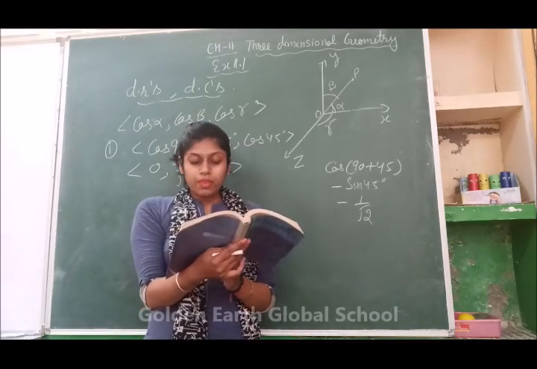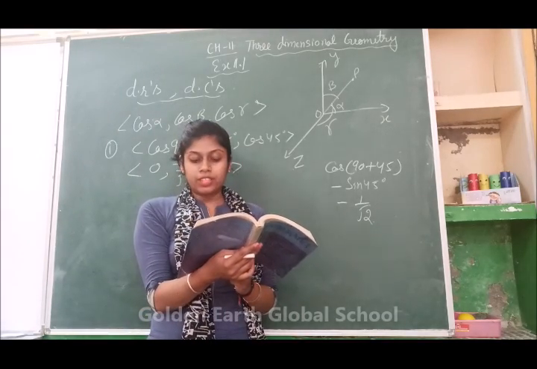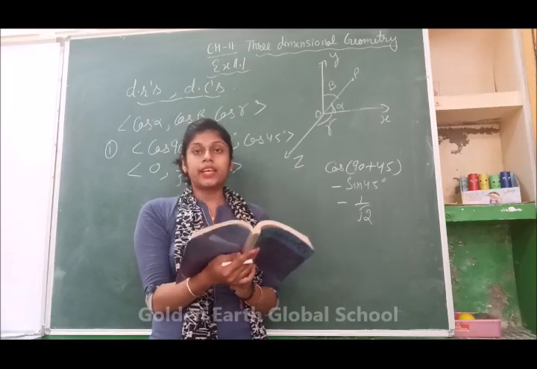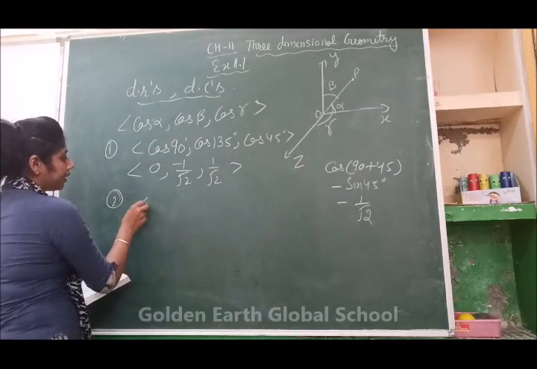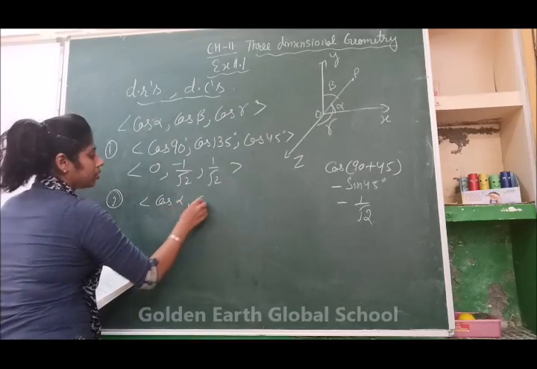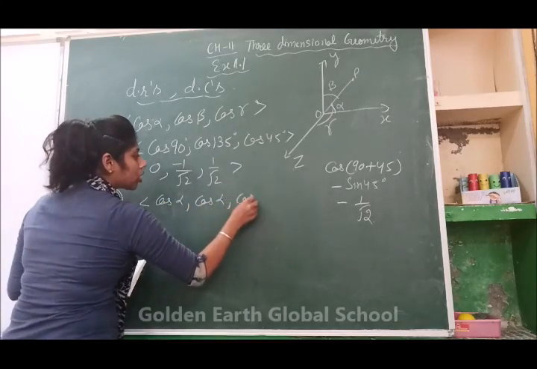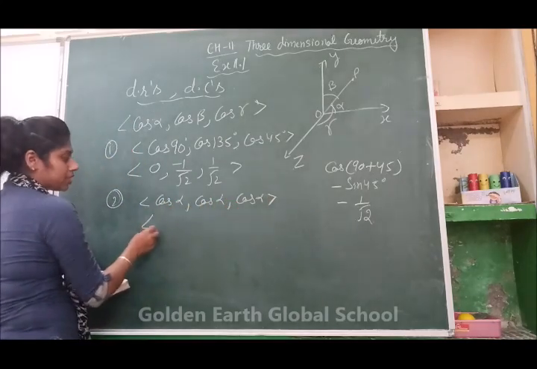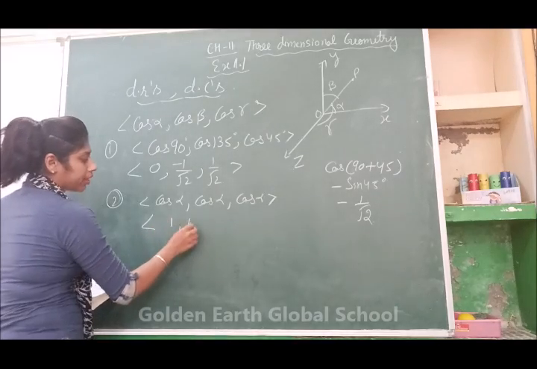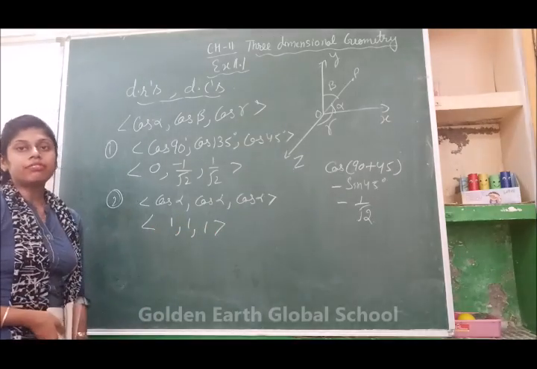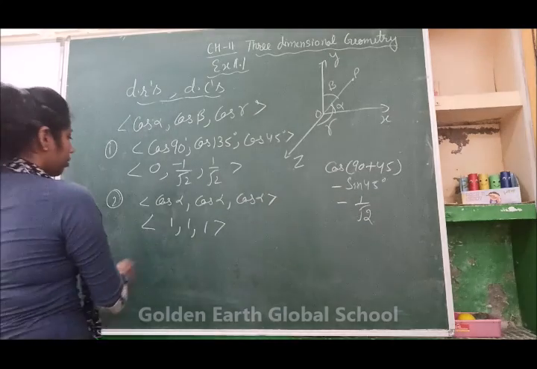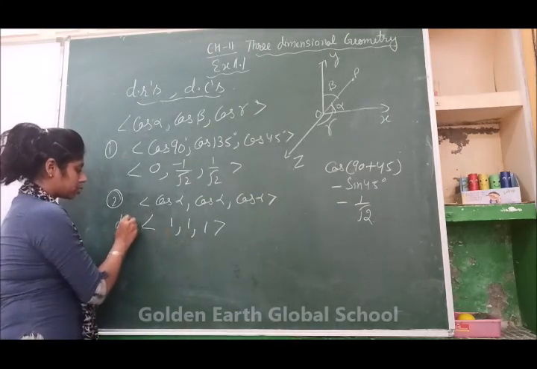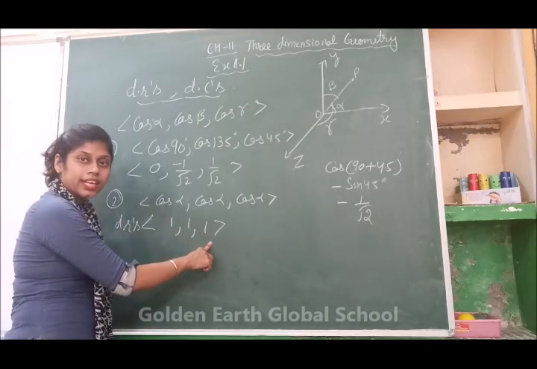Second question. Find the direction cosines of a line which makes equal angles with the coordinate axes. So the angles are equal: cos alpha, cos alpha, cos alpha, so the values will be the same. So we can write 1, 1, 1, because all the values are equal. In simplest form, these are the direction ratios.